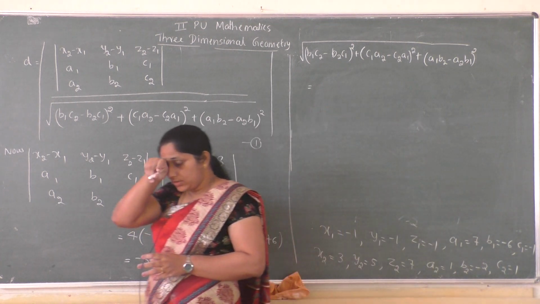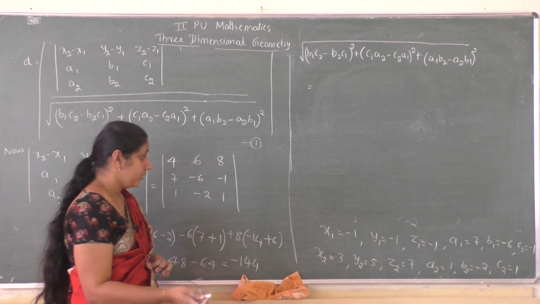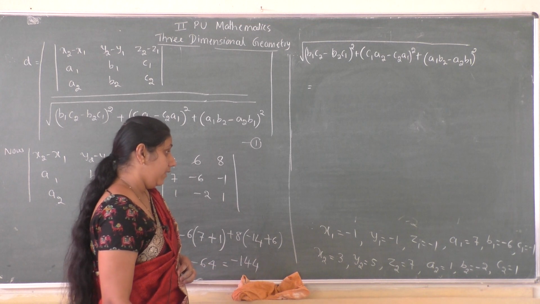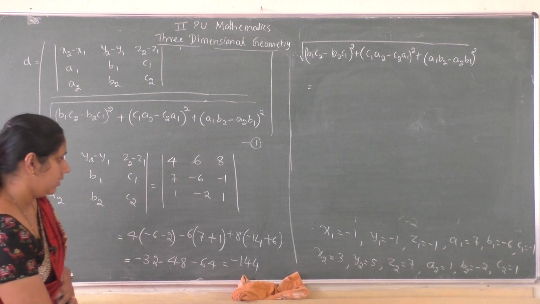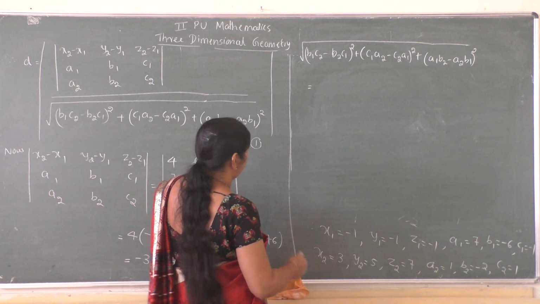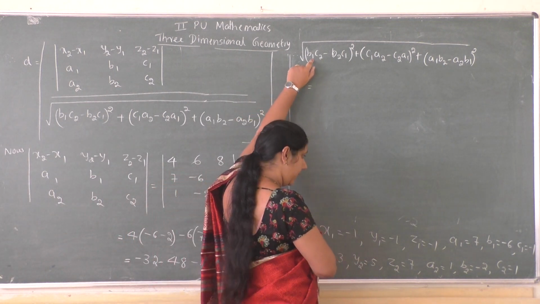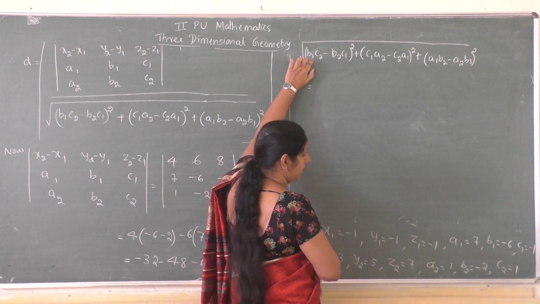Now go on substituting the values. What is b1? Minus 6.